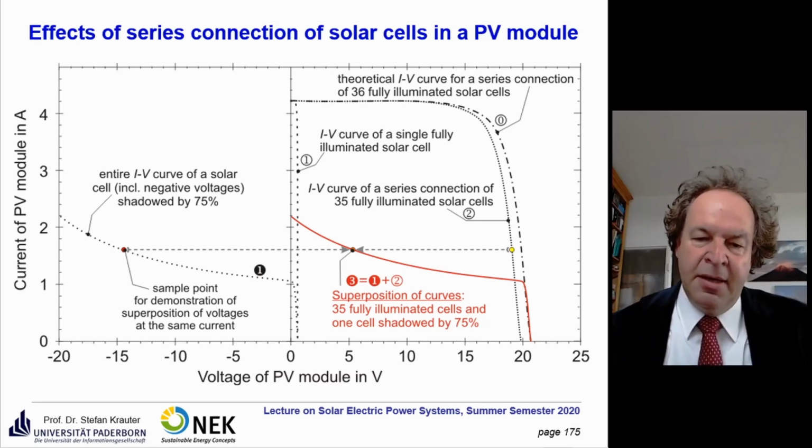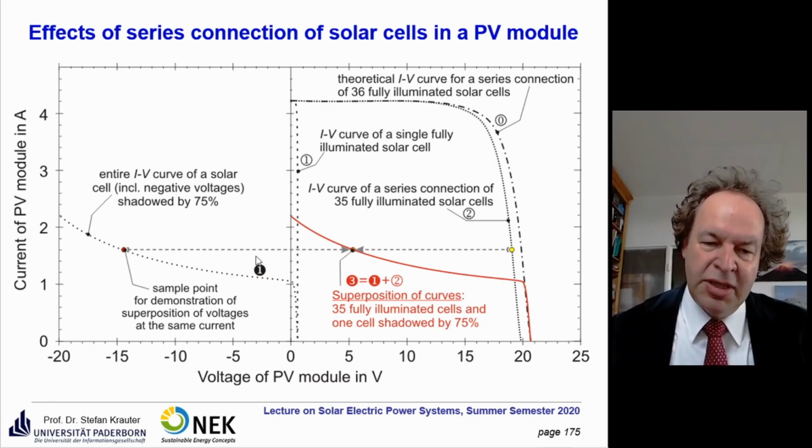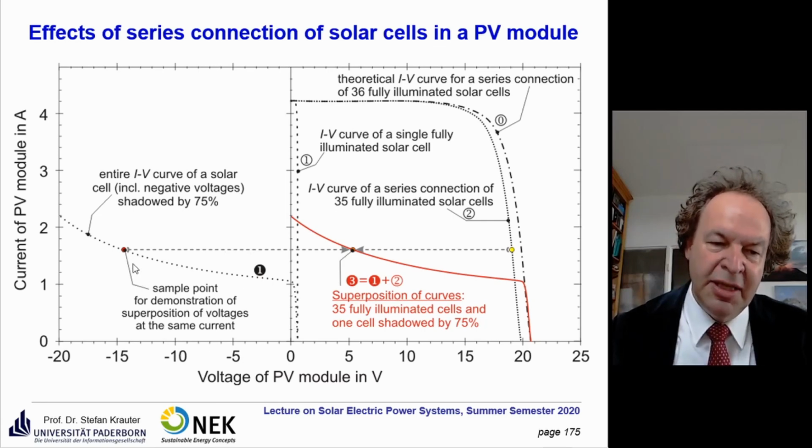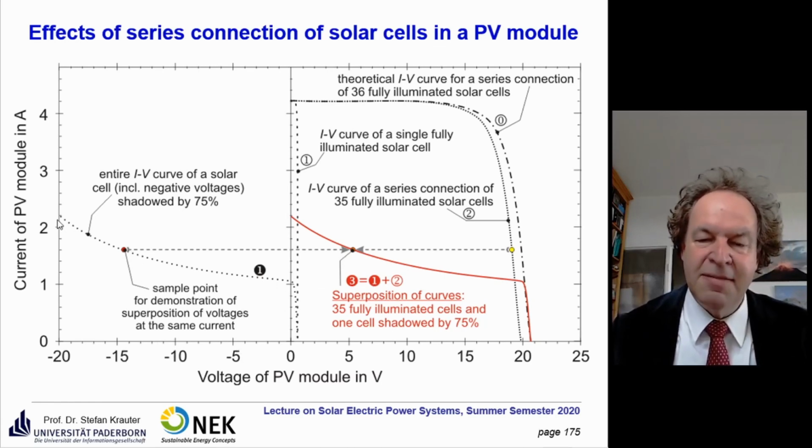And if you have many modules and cells interconnected together, the voltage can be even that high, not only minus 20 volts, in the most drastic case it could reach minus 1000 volts, and that means it could even destroy your solar cell permanently.